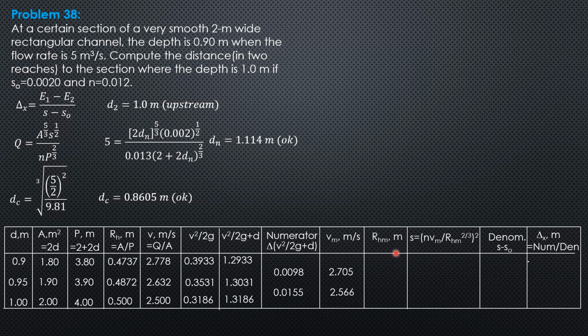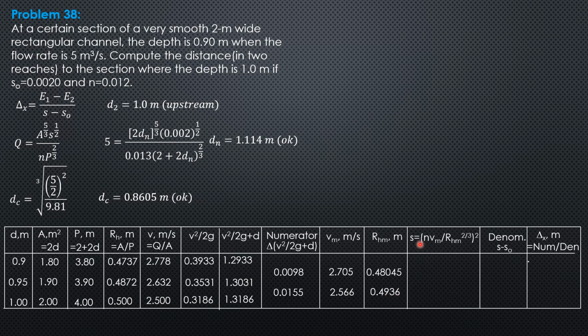The mean hydraulic radius is 0.4737 plus 0.4872 divided by 2, put it here, 0.48045, and 0.4872 plus 0.5 divided by 2, put it here, 0.4936.